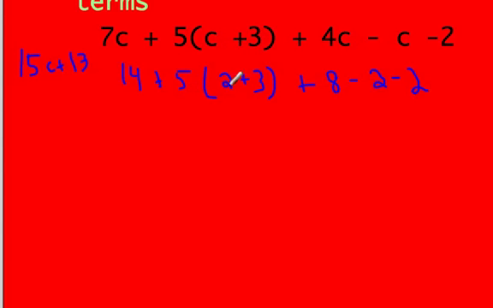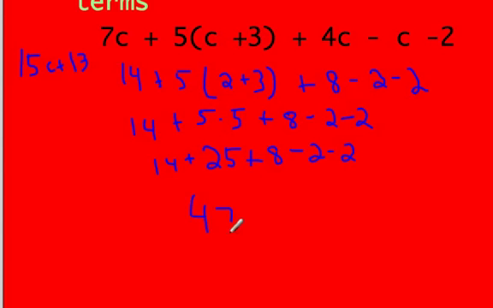If we do this out, this right here combines to be 5, and so we get 5 times 5. And then we can just go from left to right here. So 14 and 25 is 39, plus 8 is 47, minus 2 would leave us with 43.